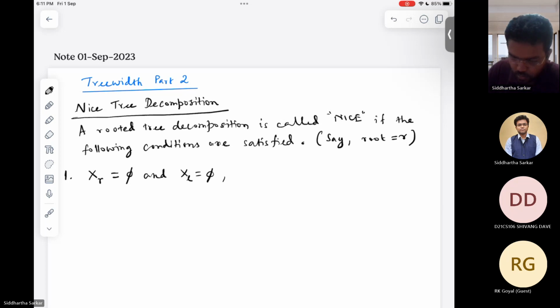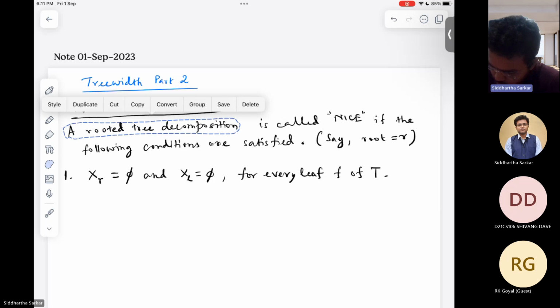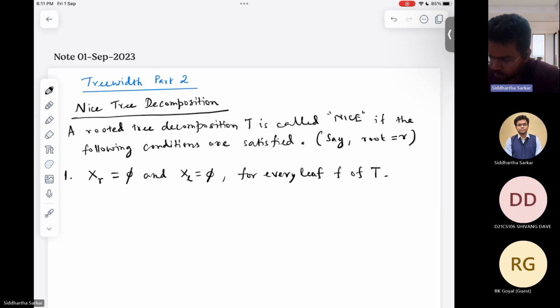That means for every leaf in the tree decomposition, the bags are empty. So I will say it is a rooted tree decomposition T. We're denoting by T the rooted tree decomposition of a graph.